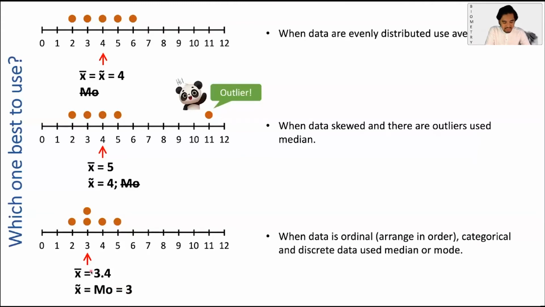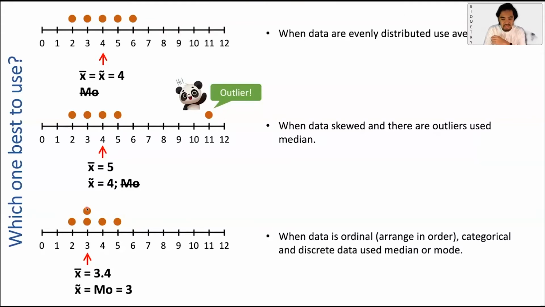Then we calculate the mean and the median. The mean in this instance is equal to 3.4. Since we have this kind of distribution, the central tendency is going to be more accurately represented by the median and the mode, which in this instance is the value at 3.